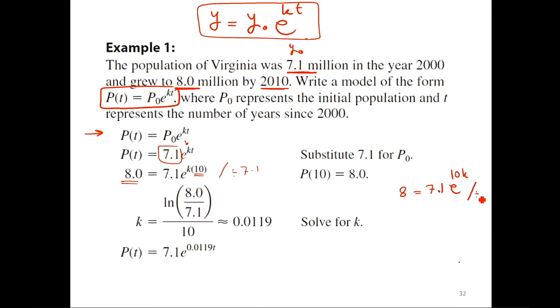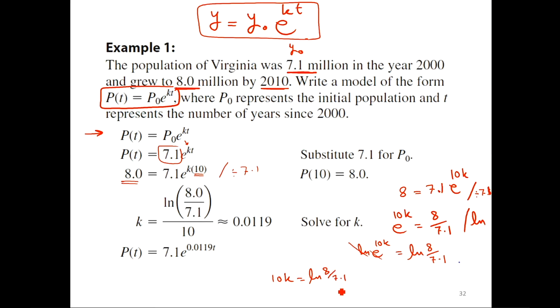So e to the power 10k equals 8 over 7.1. Take the ln for both sides. ln e to the 10k equals ln 8 over 7.1. Remove ln with e, so we have 10k equals ln 8 over 7.1.